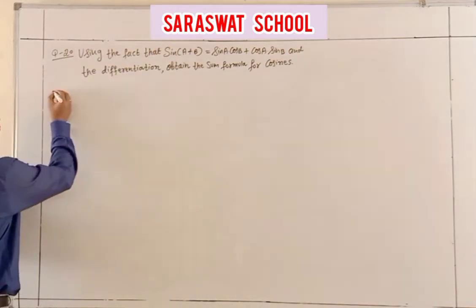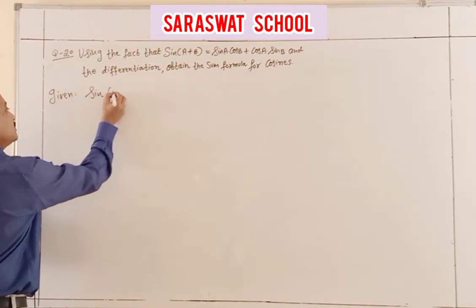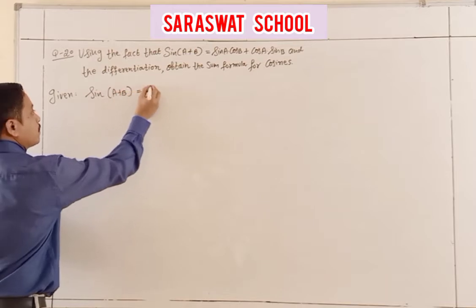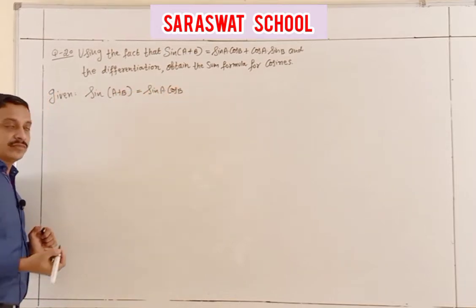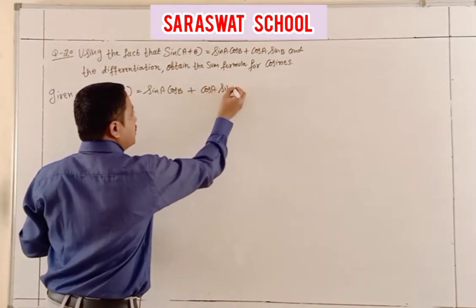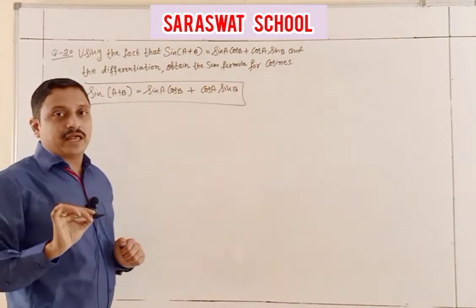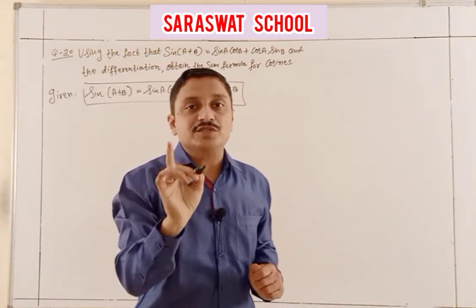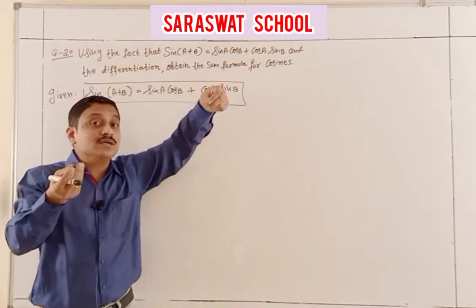So here it is given, already you know that sin(A plus B) is equal to sin A cos B plus cos A sin B, and this fact I utilize and apply the derivative with respect to x, and you derive the cosine formula, meaning cos(A plus B).